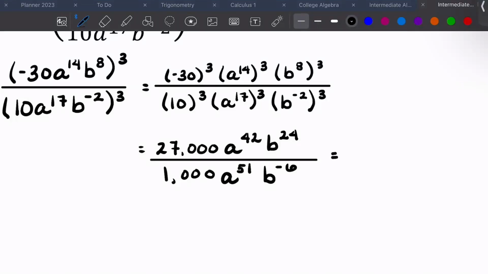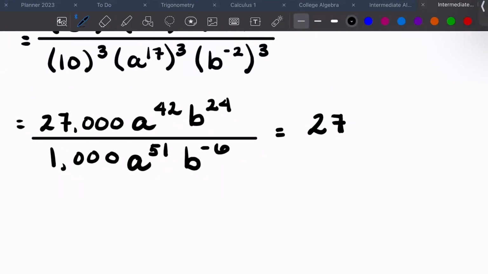So that was super large, but now it's not anymore, right? Okay, now look at your a's. We dealt with those. Where's your bigger number? It's in the bottom. So you know a is going to be in the bottom. And you have 51 minus 42, that's 9. So a to the 9th in the bottom.